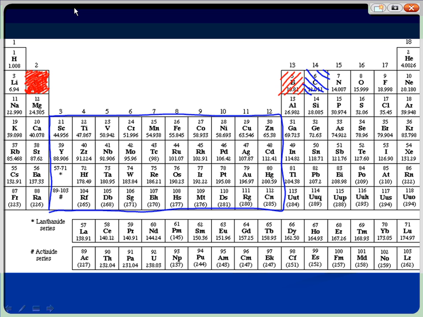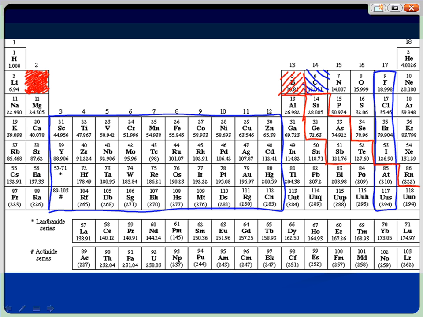Let me give you an example. Astatine over here, that's AT, is part of the halogens. So you're going to have to color the halogens somehow. And it's also part of the metalloids, which are these elements right here.